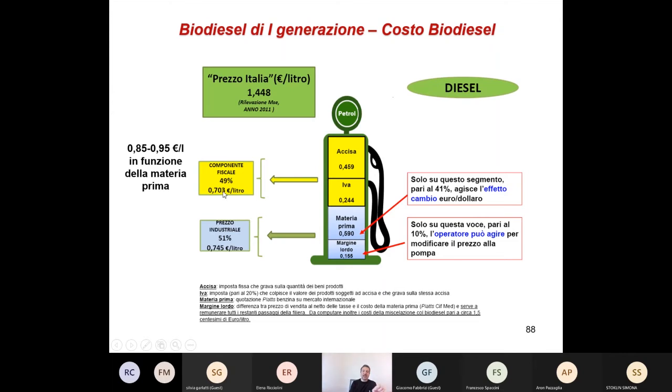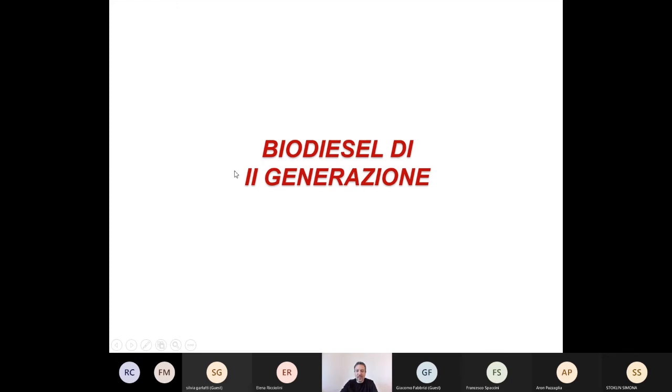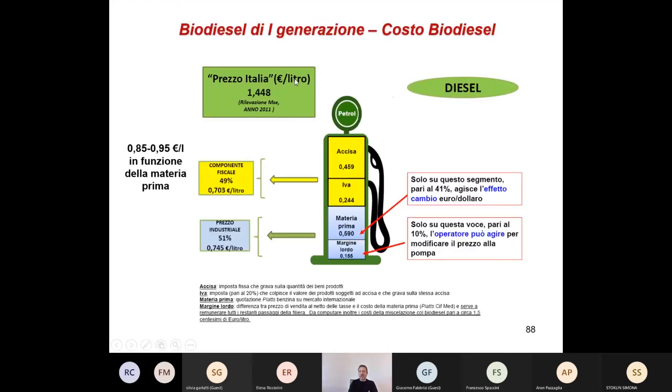Just to say that, of course, if you produce biodiesel, you have a higher production cost than this one. Of course it's higher, but probably it's not the addition of this one with taxes. So probably the cost of biodiesel production will be €1. So if you eliminate taxes from biodiesel production, probably you would have a true competition between prices.